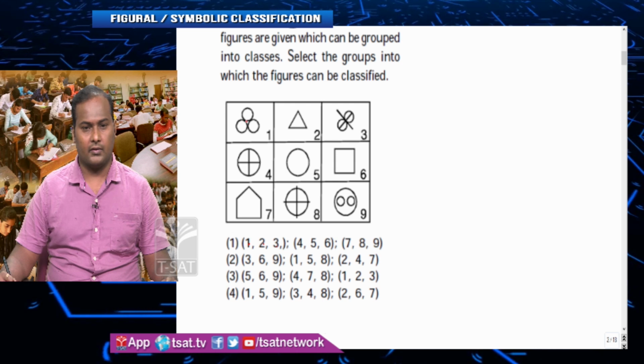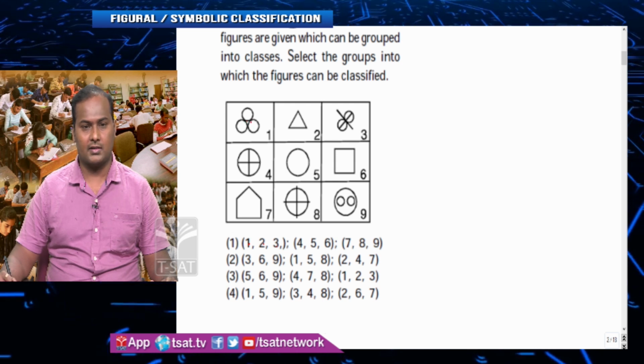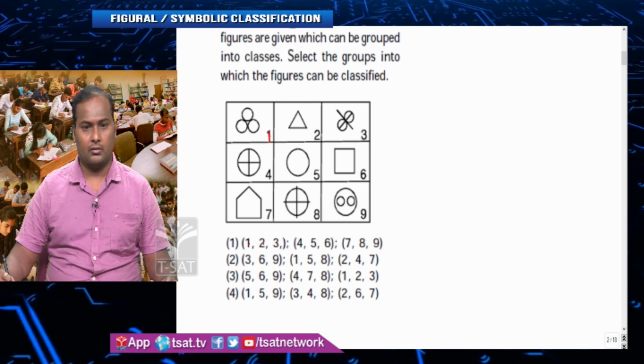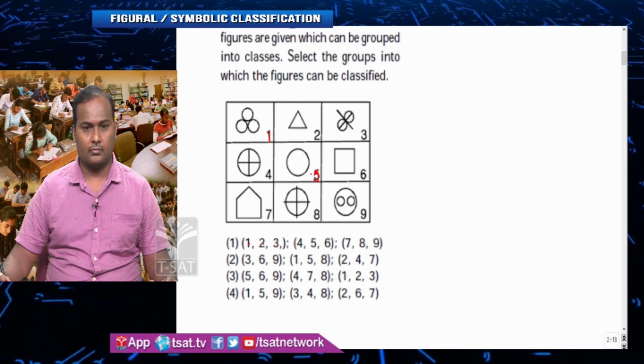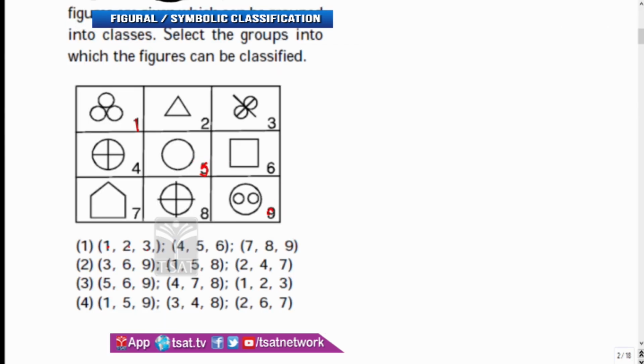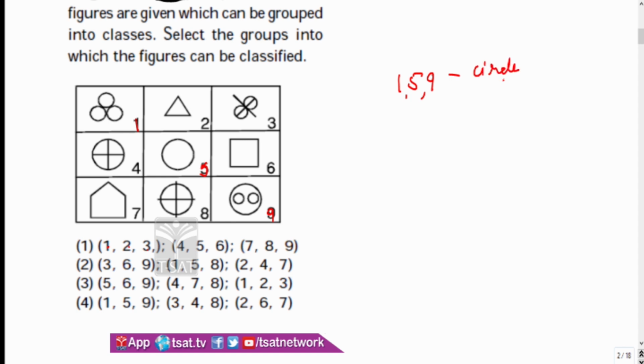Find out in which other figures you can find a circle: that is 1, 5 and 9. So based upon the character of circle, 1, 5, 9 will become one particular group.